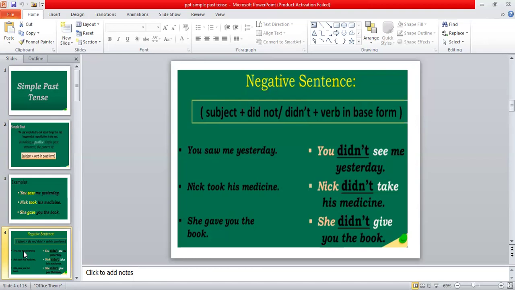Most students make the mistake of using the second form of the verb with did. No, we don't use the past form of the verb with did. In the positive sentence, the past form of the verb will be used, but in the negative sentence, we will use did plus the first form of the verb.